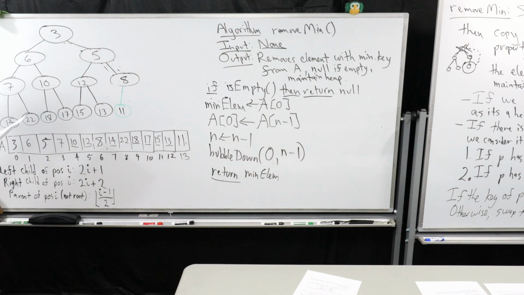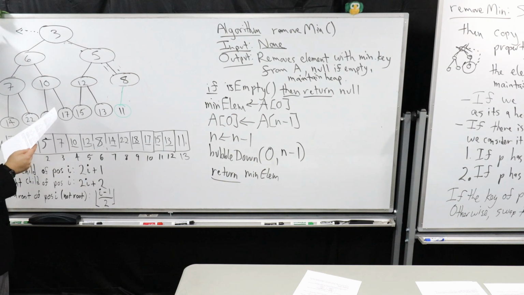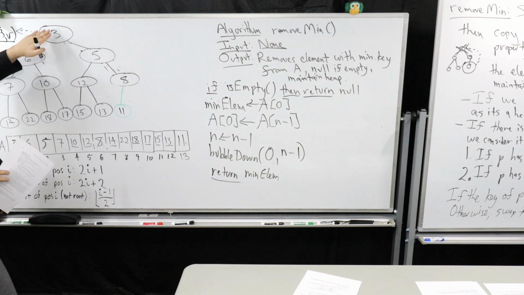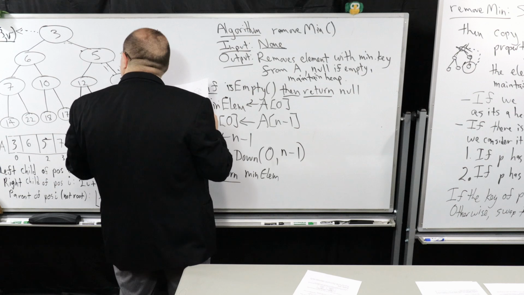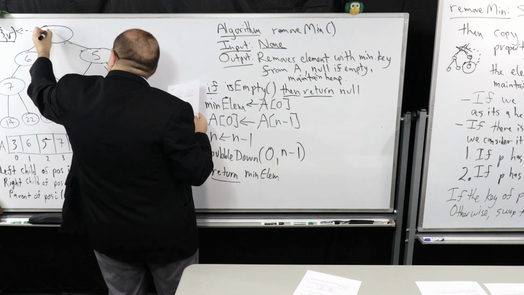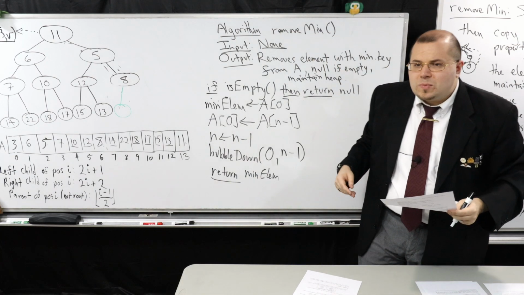So anyway, if I do removeMin, I'm going to take 3 along with its value. So this is min LM, and that's out here. I'm going to take 11 and put it up into the root like this.